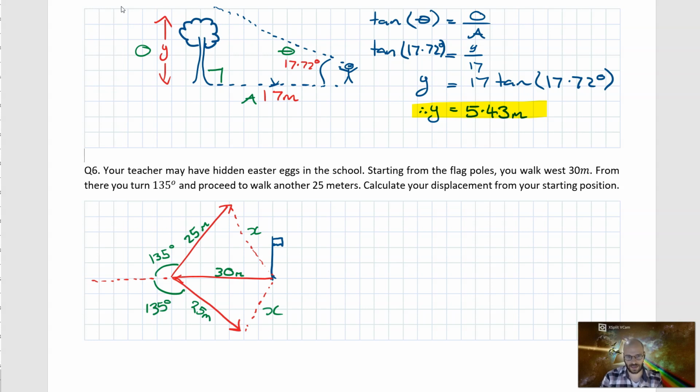Now looking at the quantity inside the triangle over here, we can calculate this by going 180 minus 135, and that should come out to be 45 degrees, like so. So in here we also get a 45 degrees.